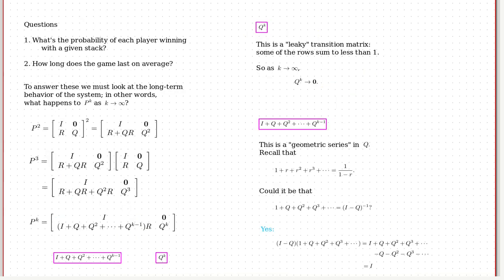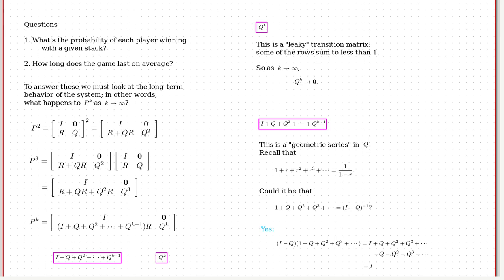Now, some natural questions you'd like to ask about a game like this is, what's the probability of each player winning? We know that X has the advantage, so we know that X has a bigger than 50% chance of winning the game, but it might be nice to compute exactly what the probability is. Furthermore, we might want to know what the probabilities are with various stack sizes. Actually, there's only 3 different stack sizes.